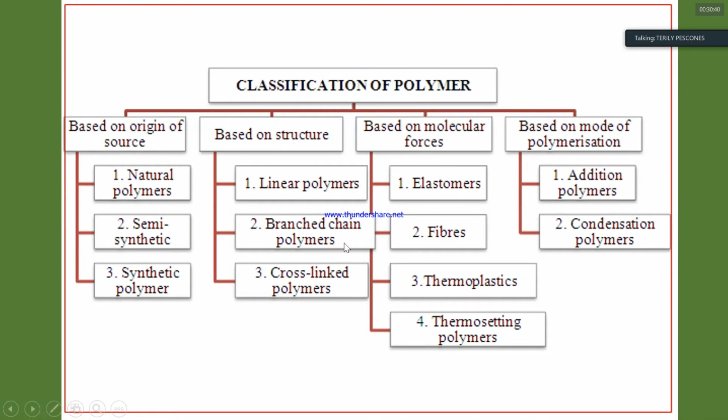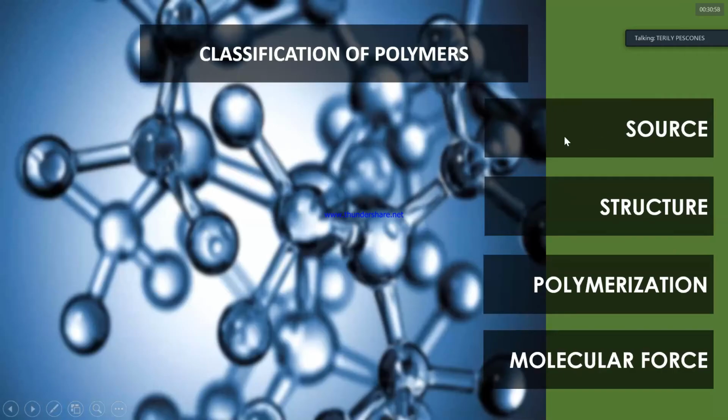So classification of polymers, okay? So, una ay natural based on origin of source. So, ano yung mga ibang polymers? So, we have the natural, the semi, and the synthetic polymer. Okay, so source. So, dito muna tayo sa source. Okay, so next, ano yung mga classification?